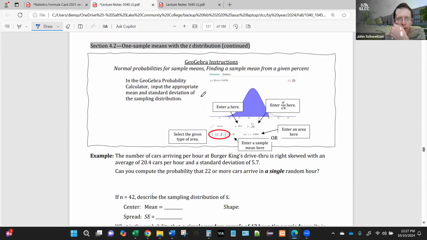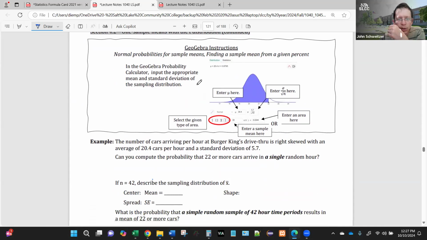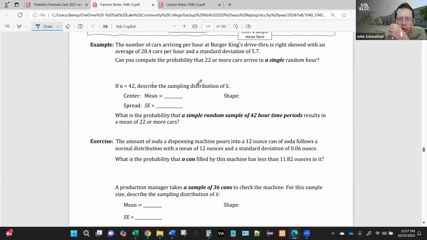We have directions here for GeoGebra. So let's jump right into a problem and give this a try. Let's go back to data, maybe business analytics. If you own a business, especially a larger business, you might have a sophisticated data collection and data analysis team.